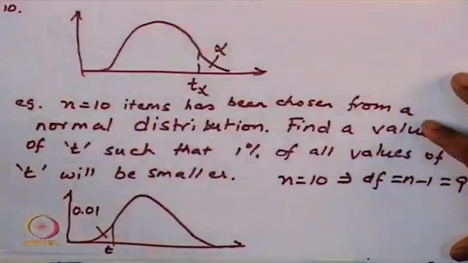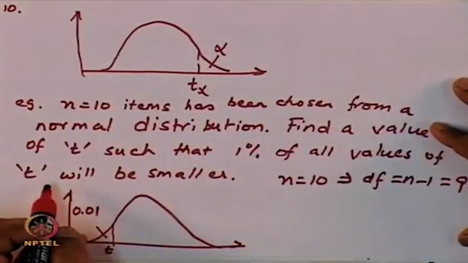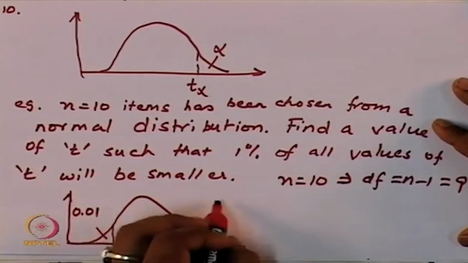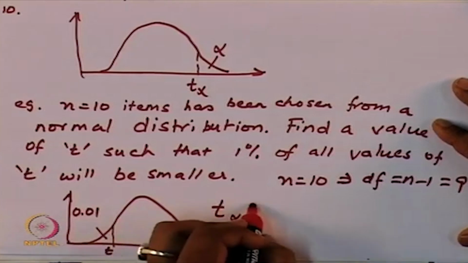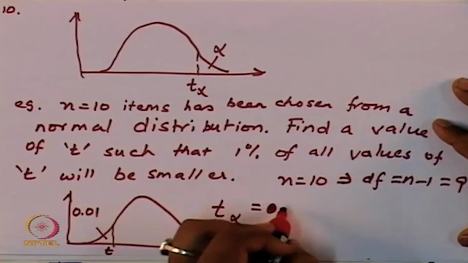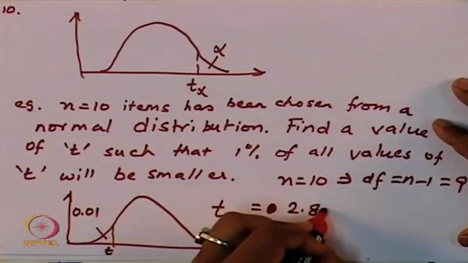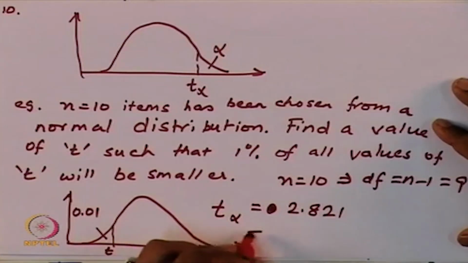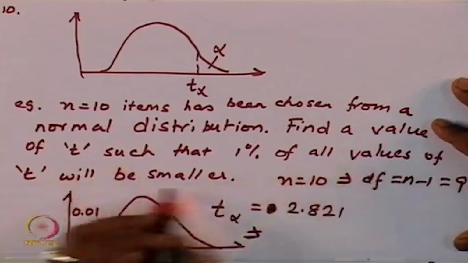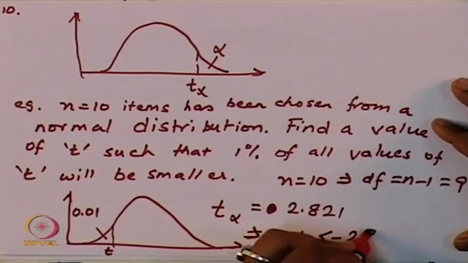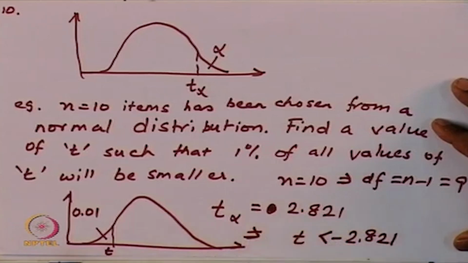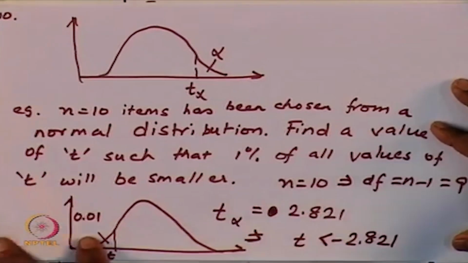Since we need all these other values to be smaller, let us say this t value, t of alpha, comes out to be 2.821. So, implying since all our other values have to be smaller than t, then t has to be less than minus 2.821. So, that is how you would do it.